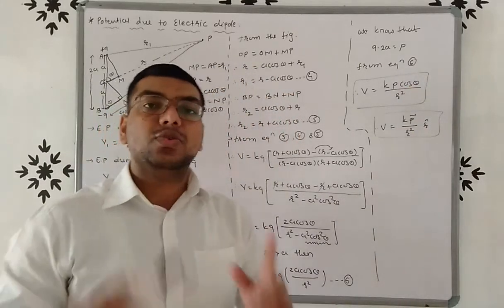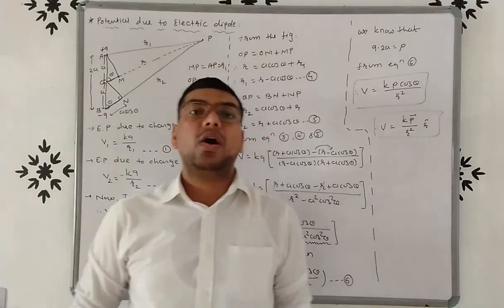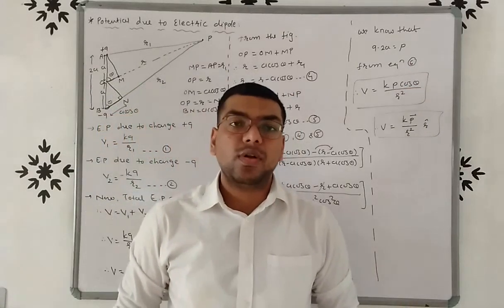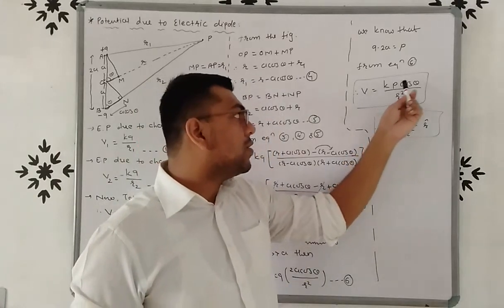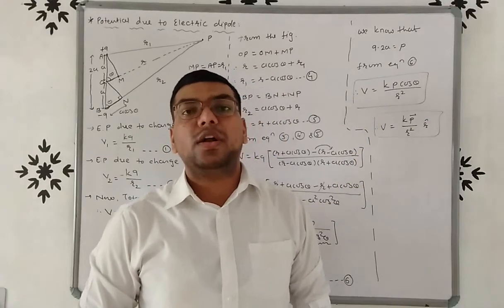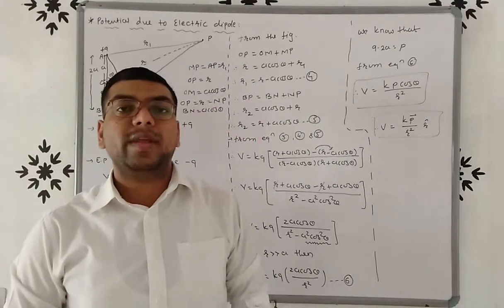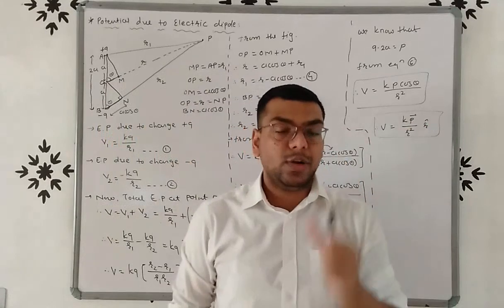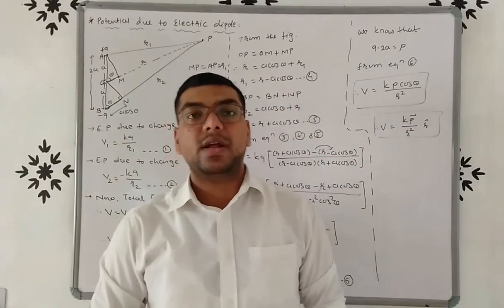So friends, you have to remember the formula of electric potential due to electric dipole. V is equal to Kp cos theta upon r square. Now if you want to write this formula in vector form, so V is equal to K vector p upon r square into r cap, right?